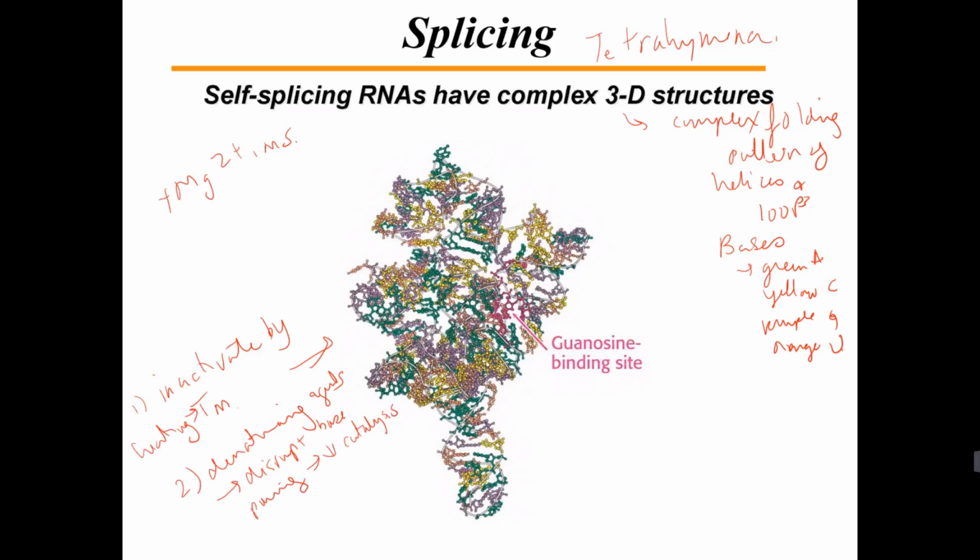And also, studies have shown that if you mutate specific bases, so essential nucleotides, these will all decrease catalytic activity. Okay, so the 3D structure is highly critical for the self-splicing intron to carry out its particular function in the pre-rRNA transcript in Tetrahymena.